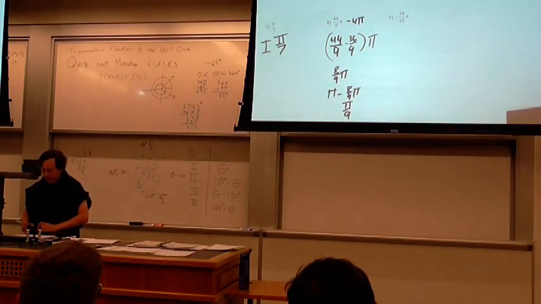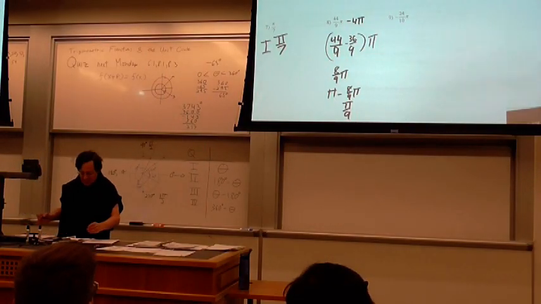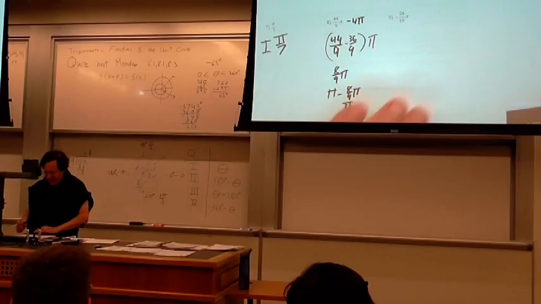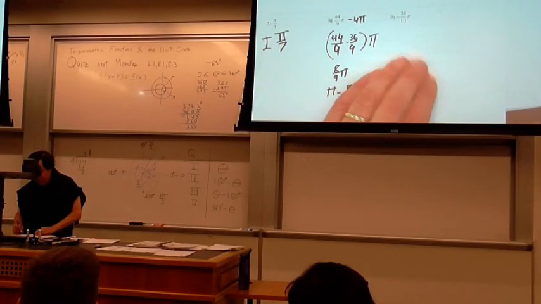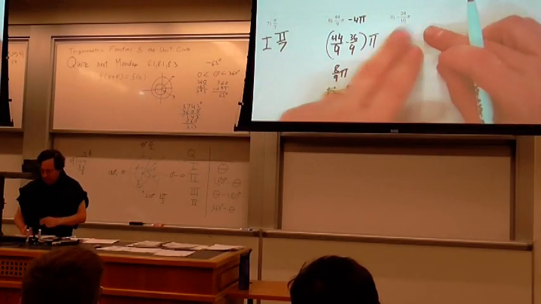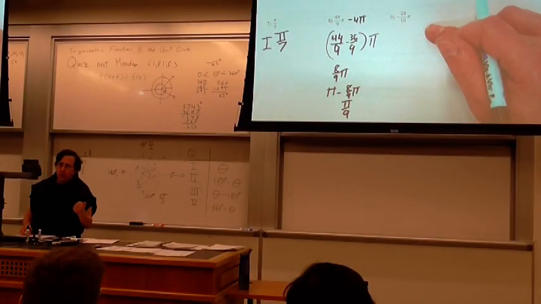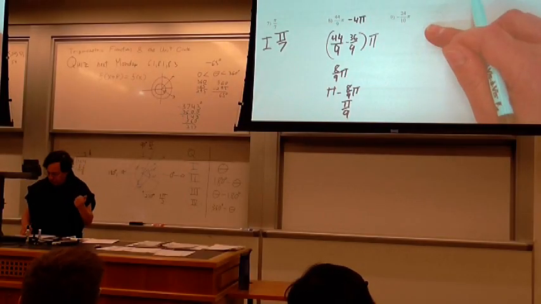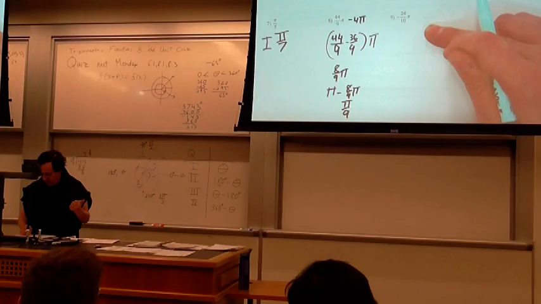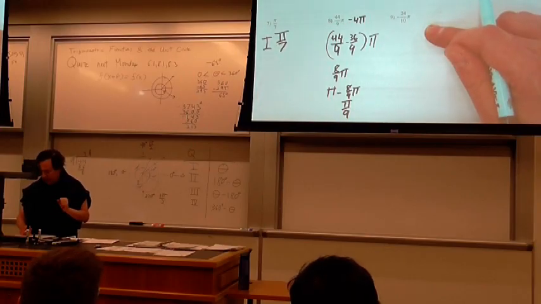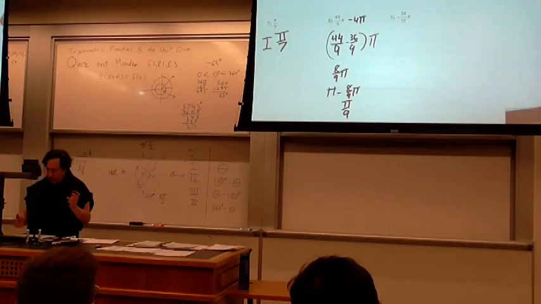How many pi's do I want to add? It sounds like a bakery class. How many pi's do I want to add back here? Remember, it's a multiple of 2, right? So will 2 be enough to get it back into between 0 and 2 pi? You can always just try it, right?